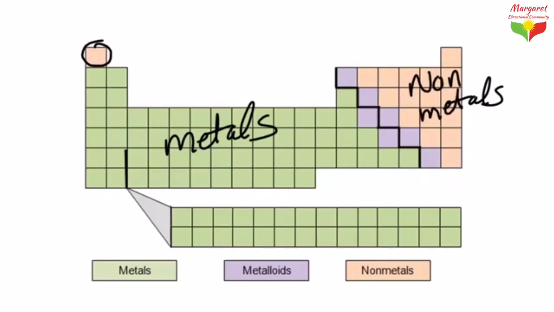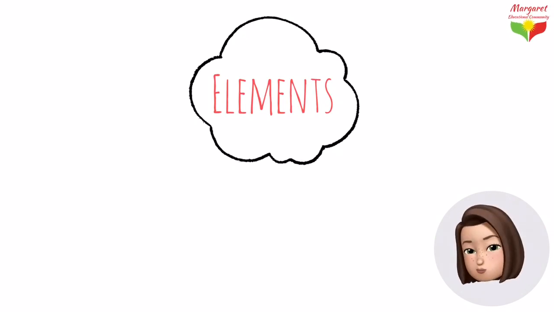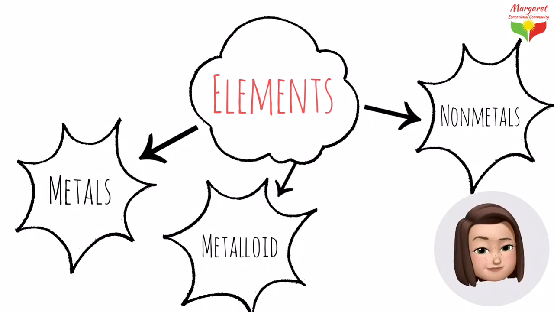Then I want you to notice that there is this stair-step line that divides the nonmetals and the metals. They are called metalloids. So based on the periodic table, elements are divided into 3 categories: metals, nonmetals, and metalloids. Each has different properties.